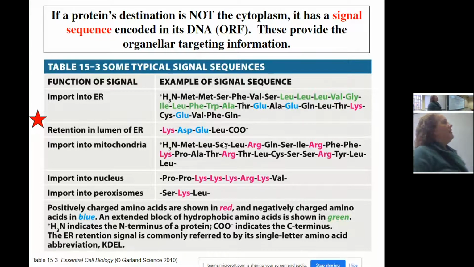They have encoded in the sequence for their genes something called a signal sequence. This would be in the DNA, and then when the protein gets produced, there are amino acids in that protein that serve as a signal sequence, which is like a tag.